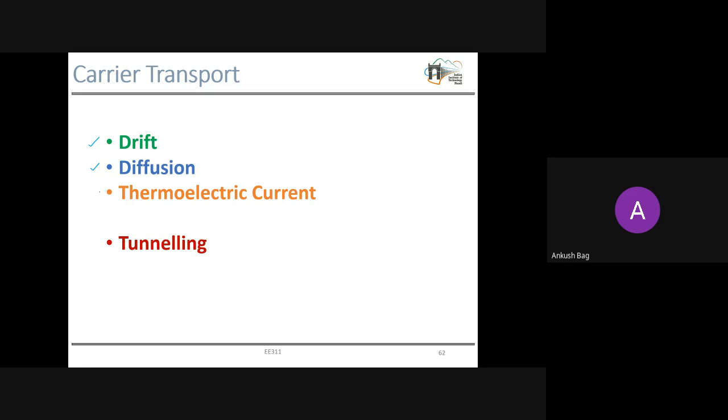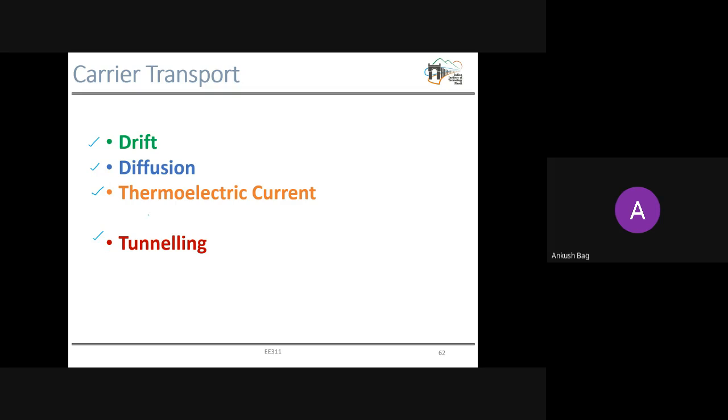Then there is thermoelectric current, which comes due to a temperature gradient; this is a different type of device. Mostly we'll discuss these two transport mechanisms, drift and diffusion. Another type of transport mechanism is tunneling, if you know this term before.